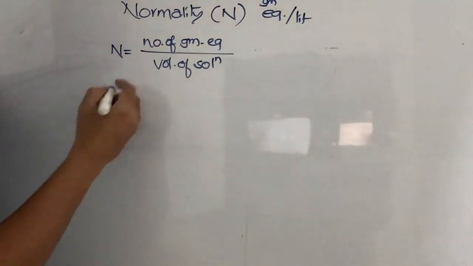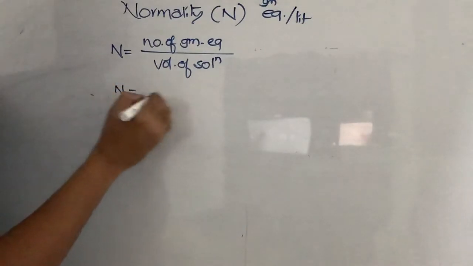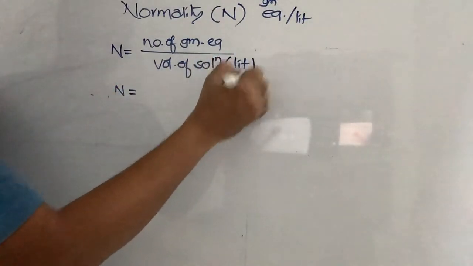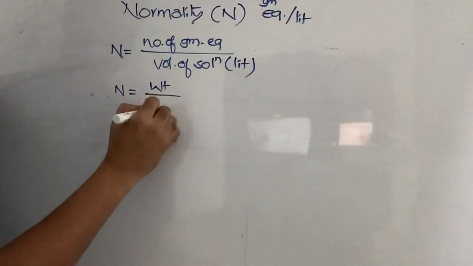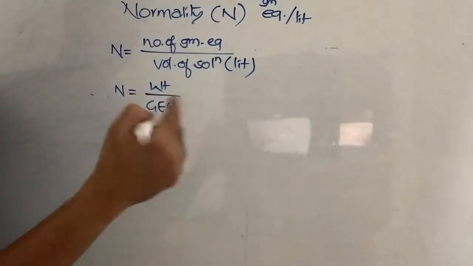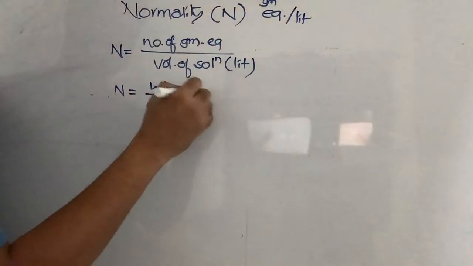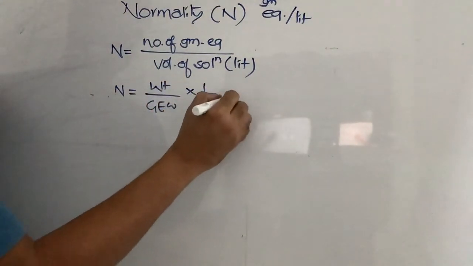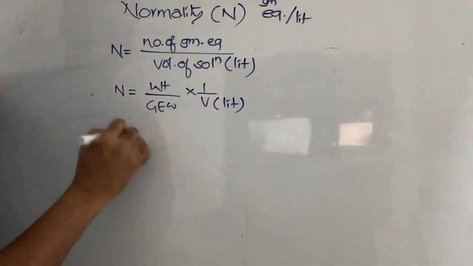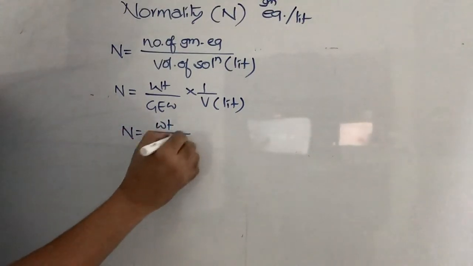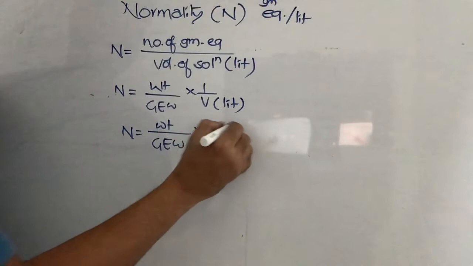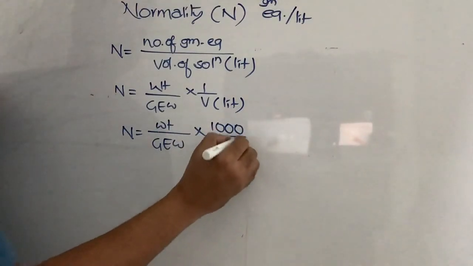In place of gram equivalents, you can write normality is equal to weight by gram equivalent weight. Previously we wrote molecular weight, now this is equivalent weight, into 1 by V in liters. Normality is equal to weight by gram equivalent weight into 1000 by V in milliliters.